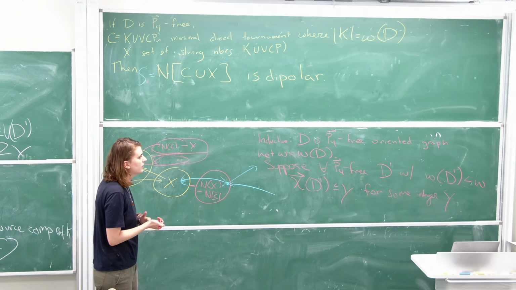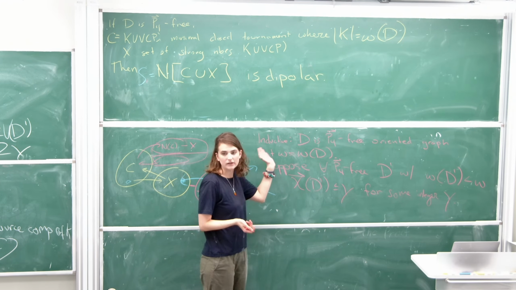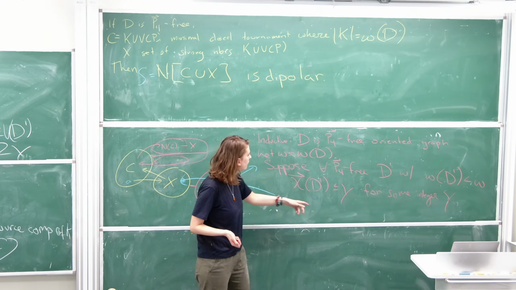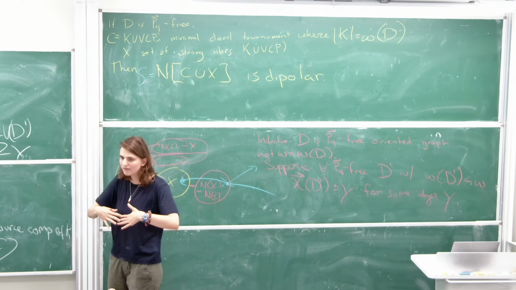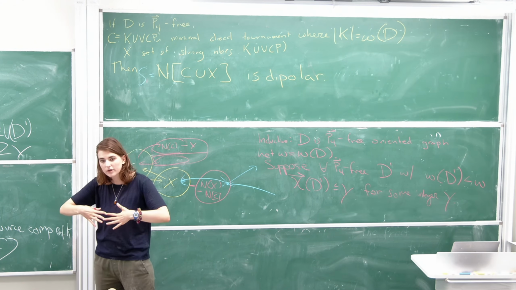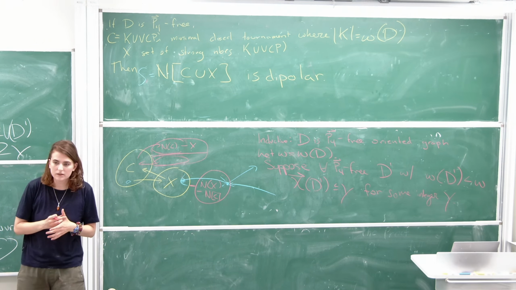And we'll then show that we can bound the dichromatic number of the graph itself in terms of this gamma, which is the maximum chromatic number of anything with a lower clique number than D, and the clique number of D.